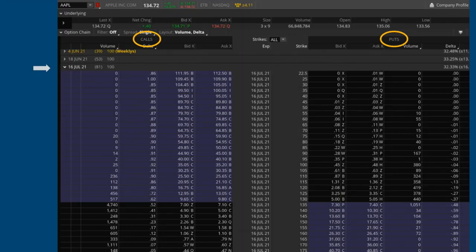So if Apple goes to 50 or 20 or 0, I can take the stock that I own and sell it for 130. If I own 100 shares, I'd buy one contract for $500, $5 a share times 100. So for $500, I could protect my $13,000 in value. No matter what happens, if Apple went to 100, I still get to sell for 130.